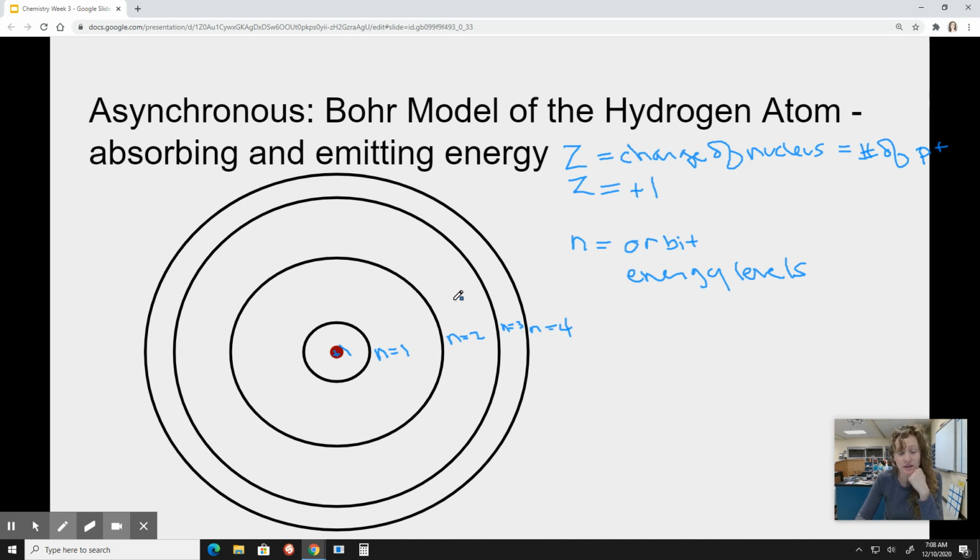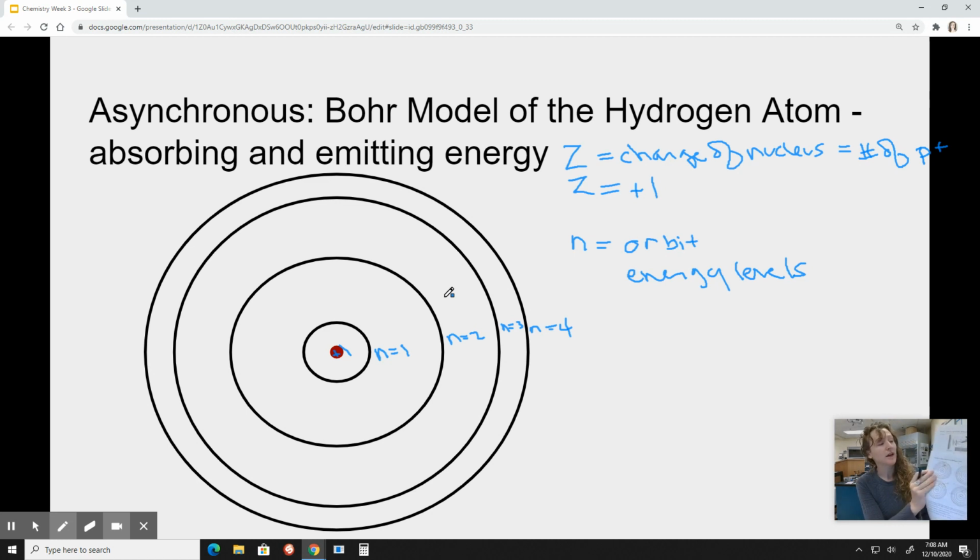Okay, so in the model that we saw in your packet, especially in number 19, you really had to deal with Bohr's model and deal with these transitions of the electron in Bohr's model.